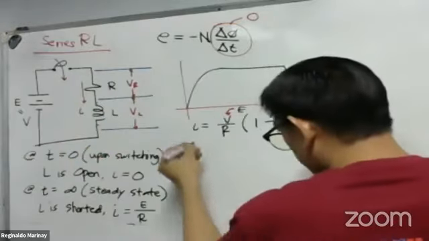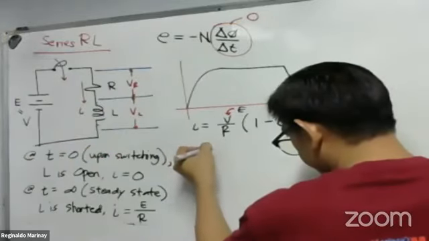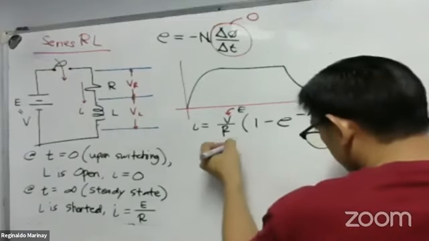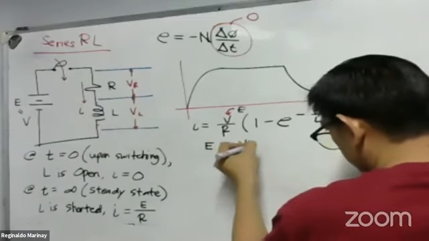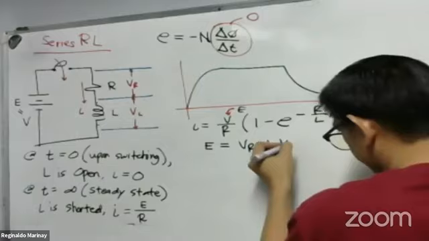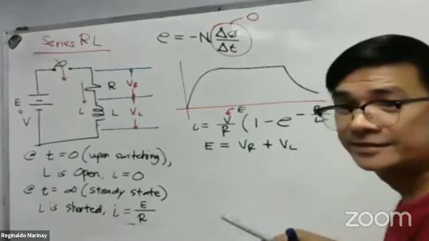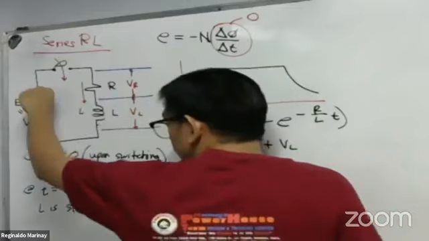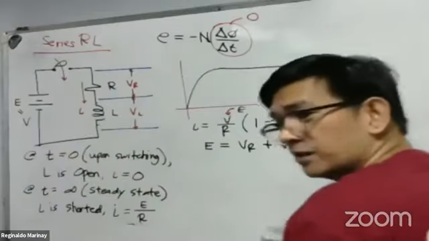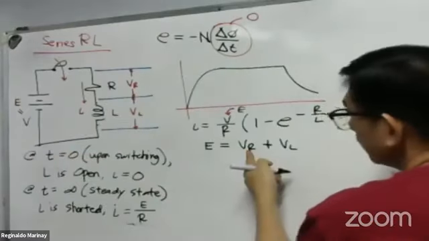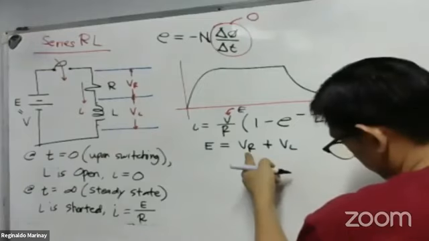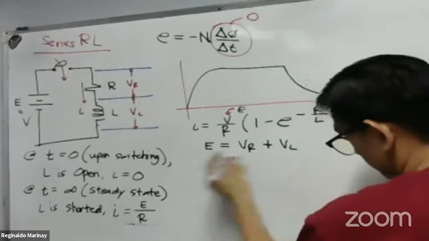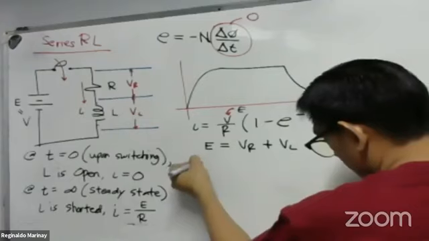Our total voltage E is equal to VR plus VL, right? Kirchhoff's voltage law: the voltage here plus the voltage here is equal to the voltage here.